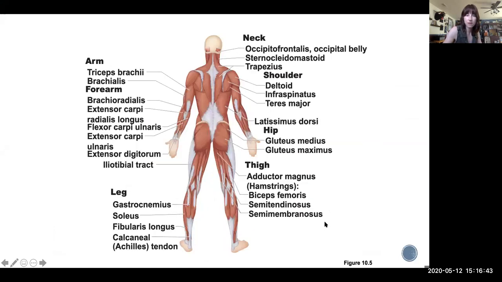Okay, here we go then. All right, so first of all, of course, we have the Gluteus Maximus, right? Which is going to be involved in extension of the hip.